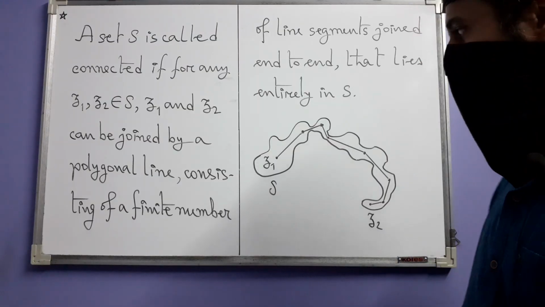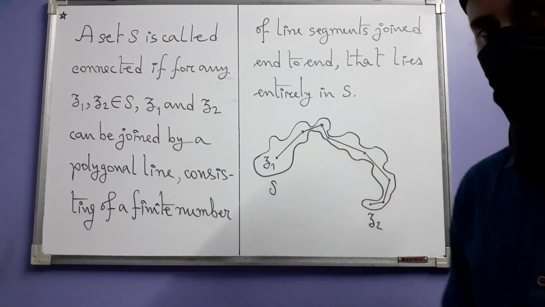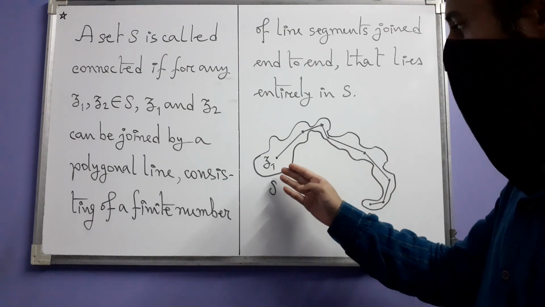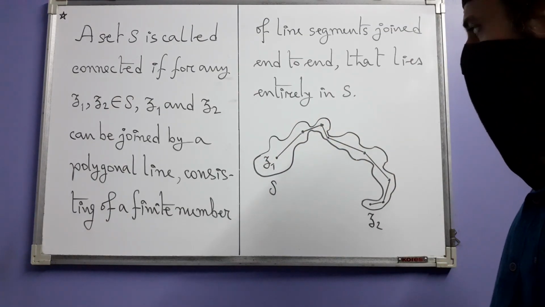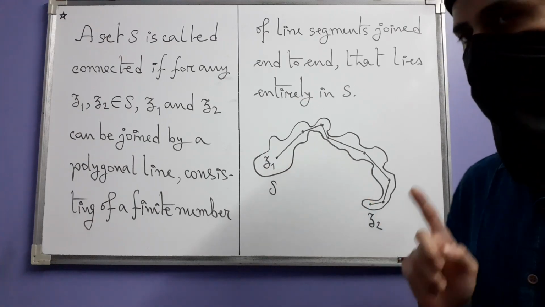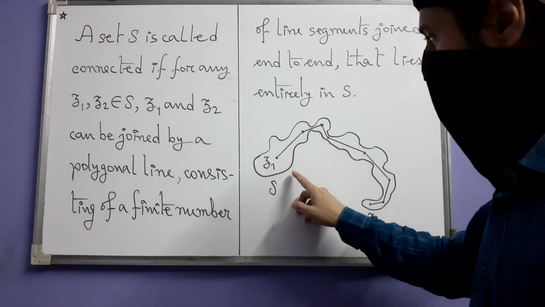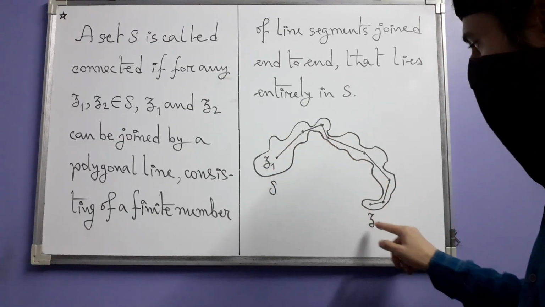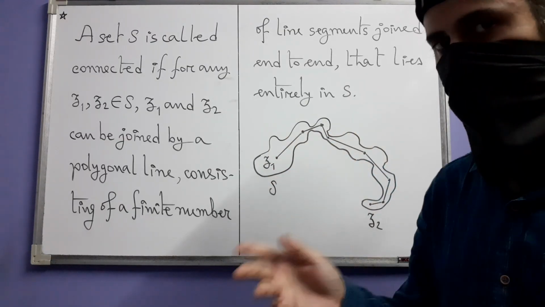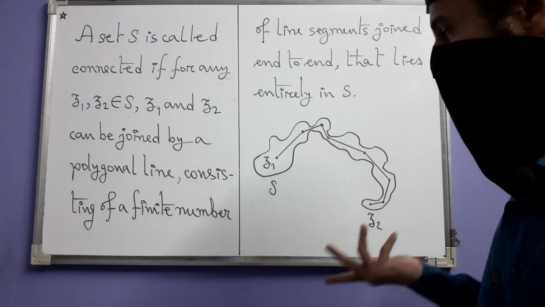Say your S is this very ugly looking region, which is an irregular region, somewhat elongated, and it's actually the region enclosed within this simple closed curve, which looks very wavy and crooked, but anyway it is some region.